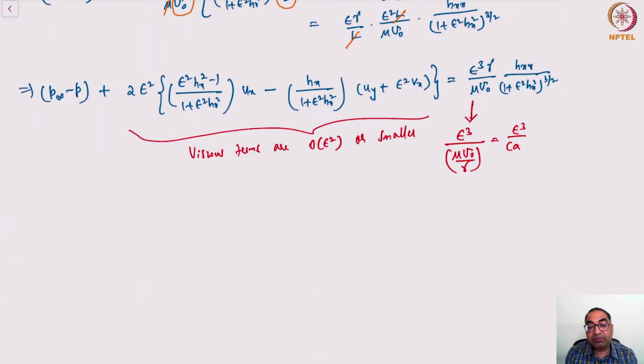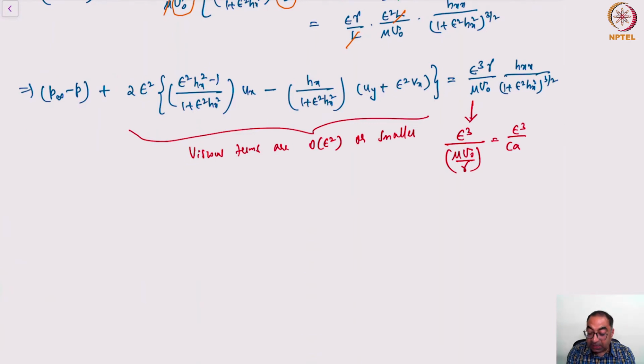Is this term small? We cannot comment at this point. The reason for that is because we do not know the value of capillary number. So a new non-dimensional number has naturally entered the problem, and that's expected because I've chosen a scale for pressure to be the viscous scale, and on the right hand side I have the curvature term, which is a surface tension term. So whenever I have a ratio of the viscous scale to the surface tension scale, we should expect a capillary number. So that's exactly where it shows up.